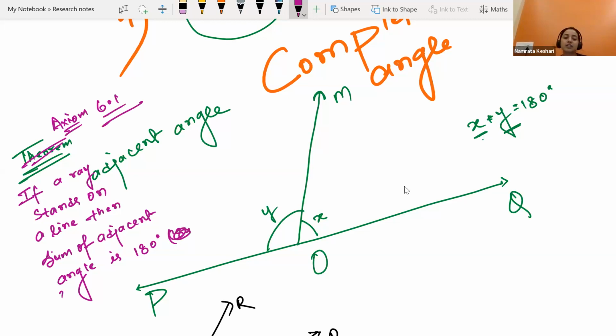Sometimes this language is also written that adjacent angles are supplementary. Supplementary, complementary, you all know, right? What is a complementary angle?